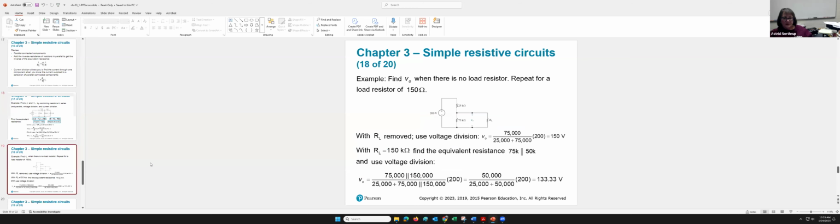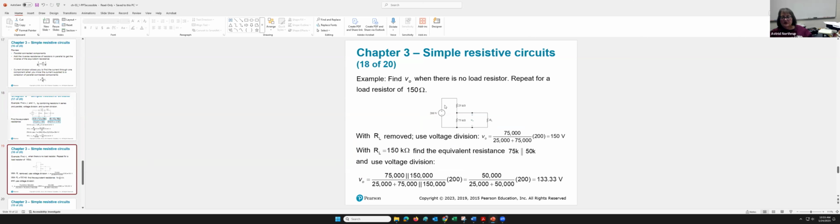So we can then use Ohm's law, Kirchhoff's current law, and Kirchhoff's voltage law to determine the voltages and currents in those components. All right, so here's another, find V sub 0. Here's an R sub L, here's our voltage.